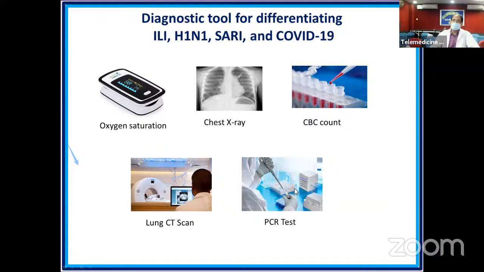It is supported by the rapid antigen test and chest X-ray. Chest X-ray is easily affordable and available, even portable. This should be in all COVID hospitals. And well and good, a lung CT is better. If it is not available, don't worry. We can manage with these things.